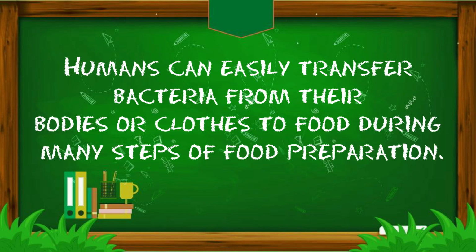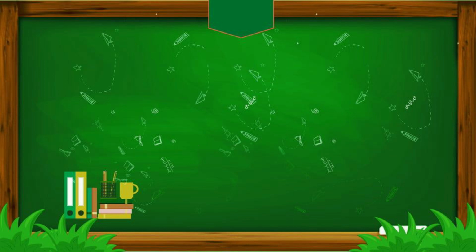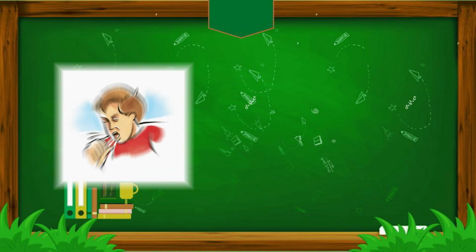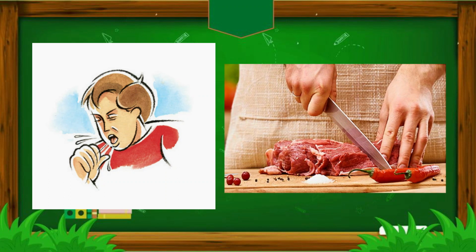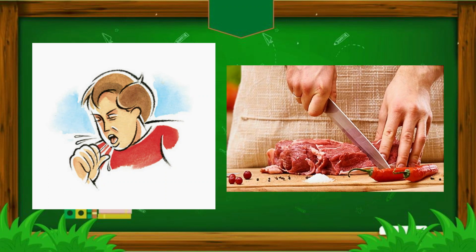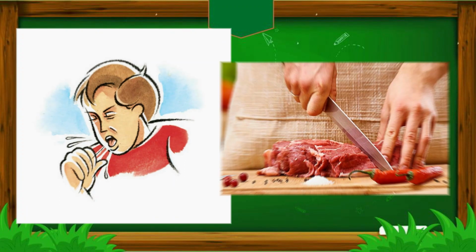Humans can easily transfer bacteria from their bodies or clothes to food during many steps of food preparation. For example, a person may cough into their hand or touch raw poultry and continue to prepare a meal without washing their hands in between.